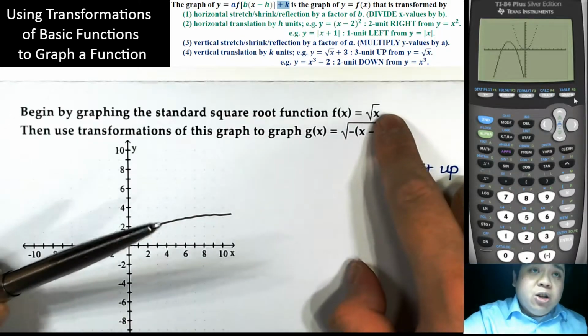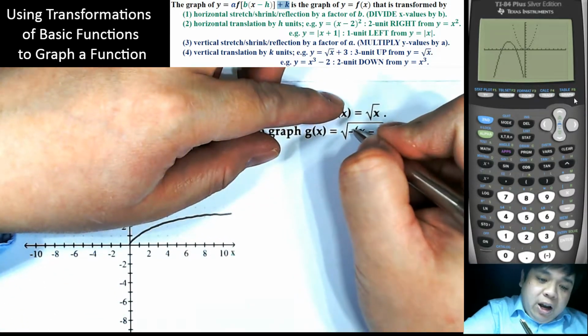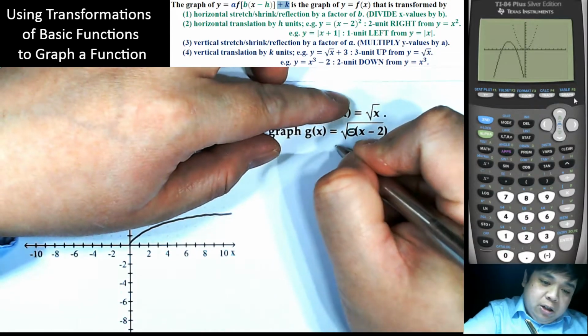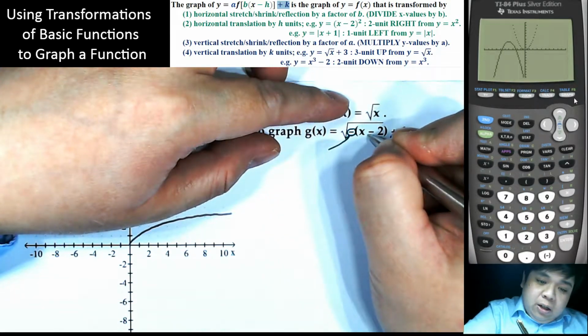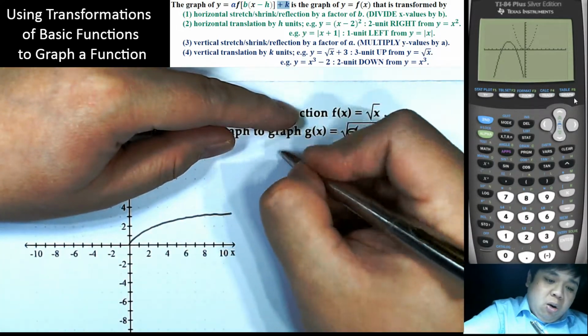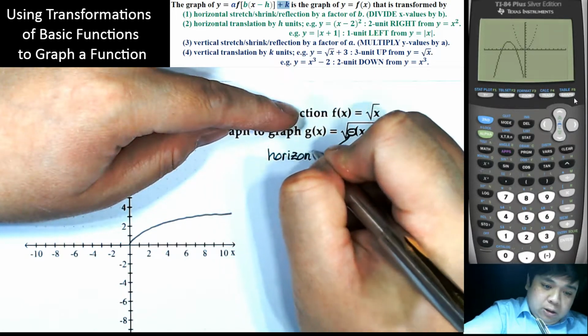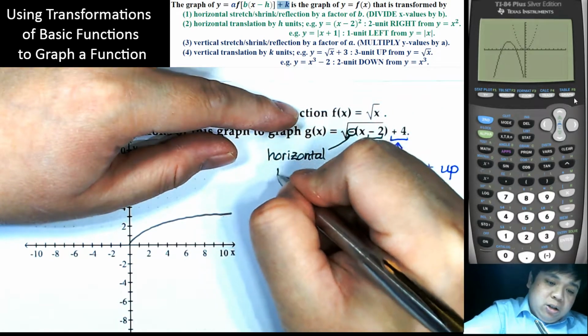And then inside the square root, this will affect the graph horizontally. We have the minus sign and the minus 2. The minus sign here will be a horizontal reflection.